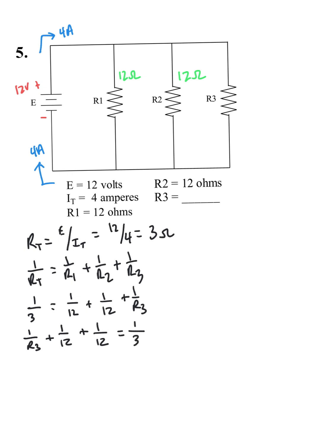And then what I'm going to do, I'm going to try to combine these, because 1 over 12 plus 1 over 12 would be 2/12 is equal to 1/3. I'm going to carry this up here where we got a little more room. Let's rewrite this real fast.